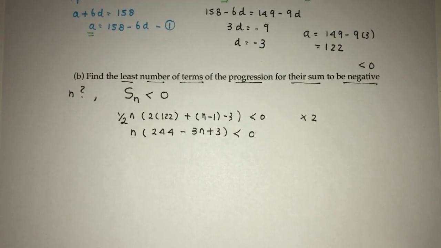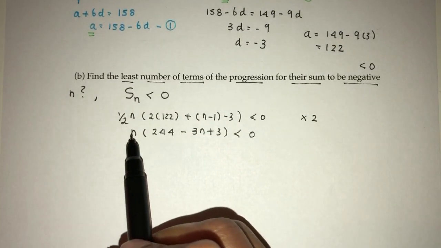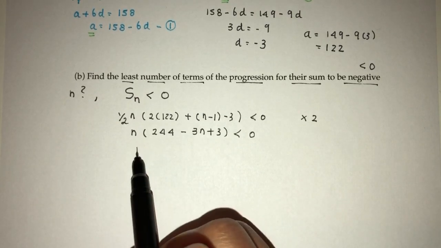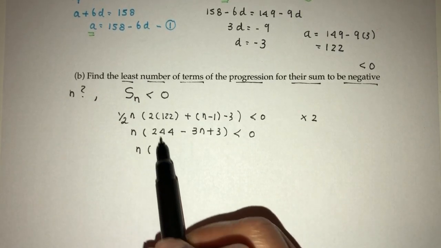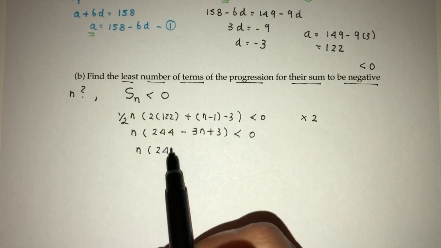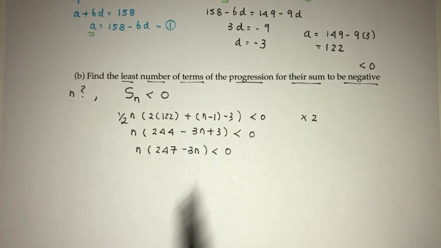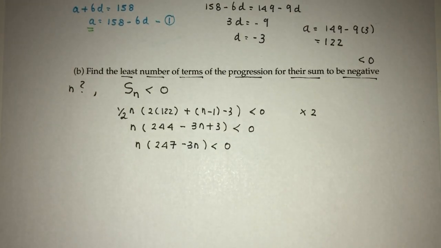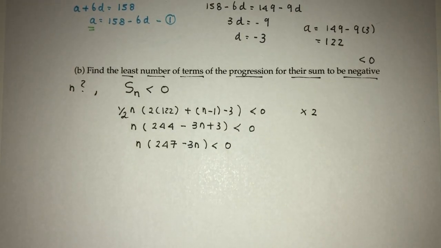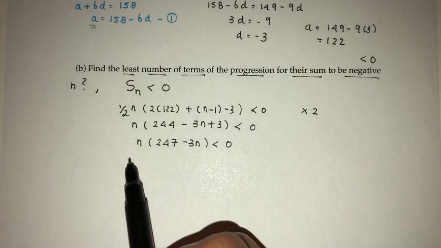Now we can solve. First we simplify the inside. You will have n times 247 minus 3n less than 0. Again, we can solve this by using critical values. We can divide by n because we don't need the n equal to 0 value. Divide by n, you will have 247 minus 3n less than 0.